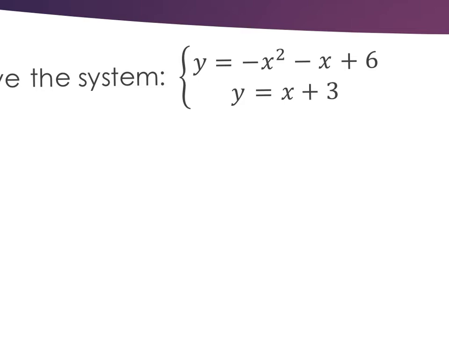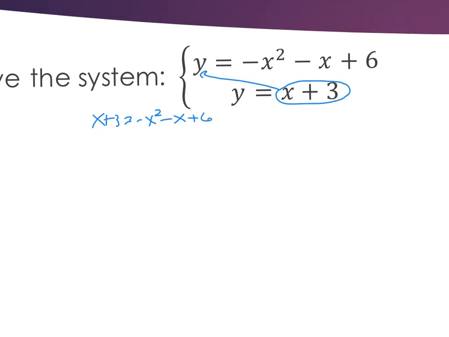So if we look at this system, notice we have y equals negative x squared minus x plus 6 and y equals x plus 3. Now, if it were me, because I have y equals and what y equals, I would use substitution. So x plus 3 equals negative x squared minus x plus 6.